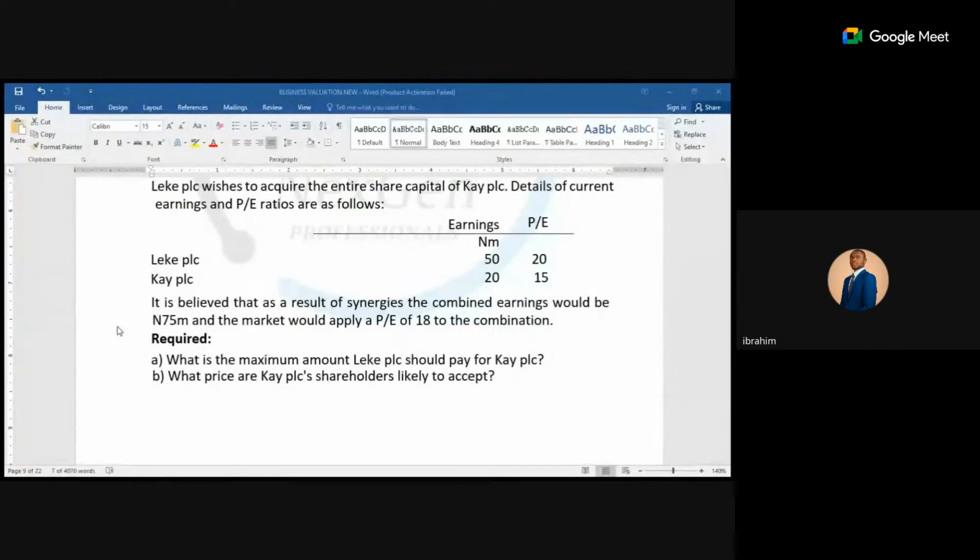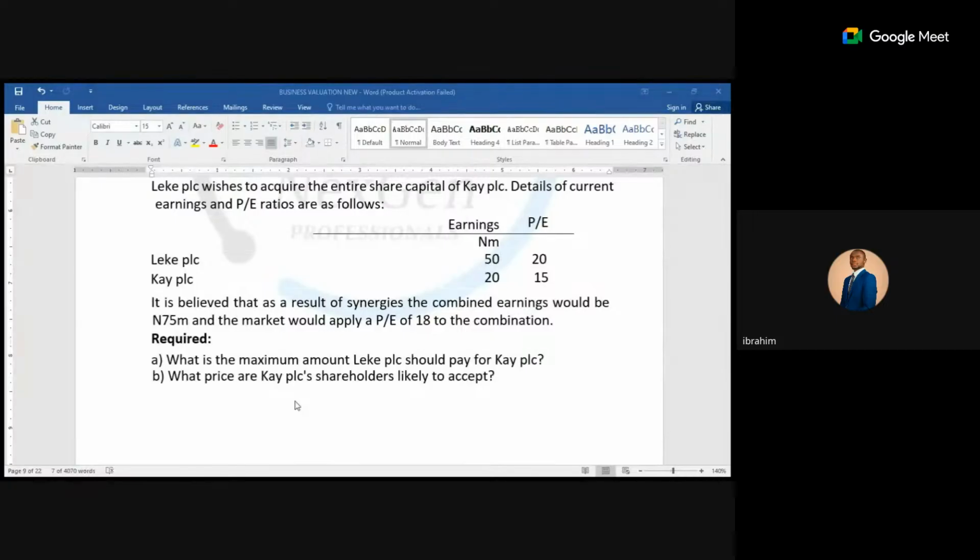So the B part is: what price are KPLC shareholders likely to accept? Do you know what KPLC will want to accept? They want to accept it based on their earnings, based on what they have, based on the company value.